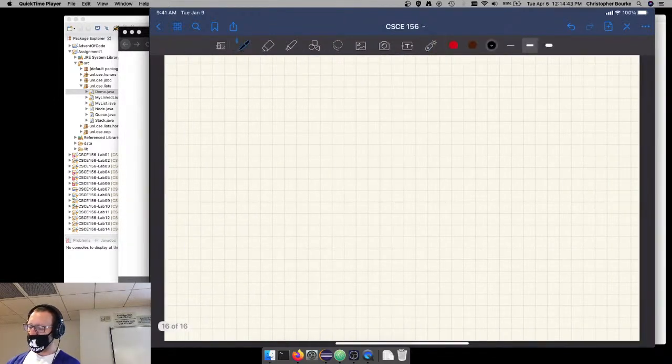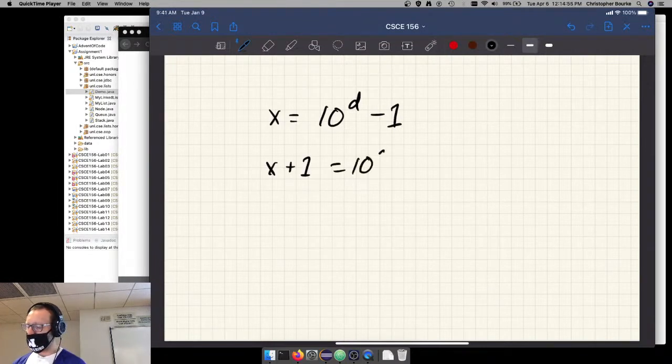So x is equal to, at most, 10 to the d minus 1. So help me solve for d now. X plus 1 is equal to 10 to the d. Log base 10, good, of this gets rid of that 10 and gives me d, right?